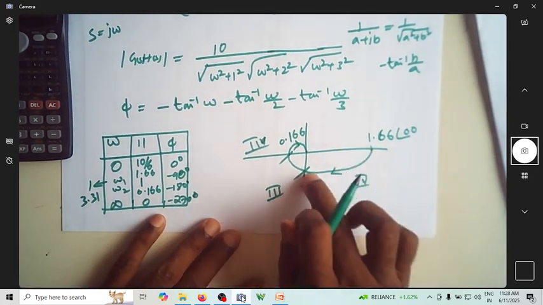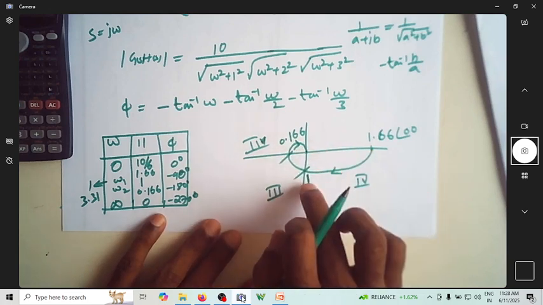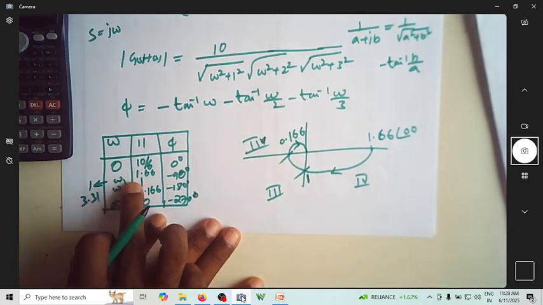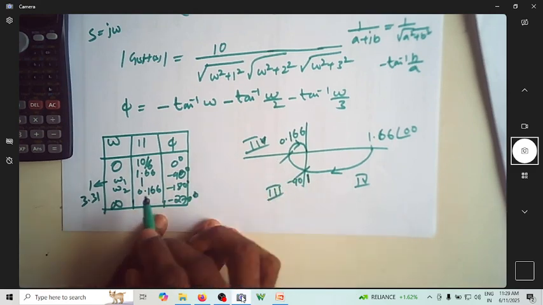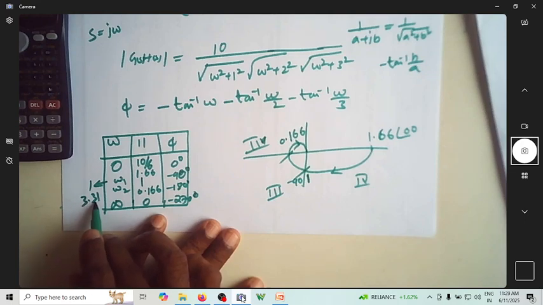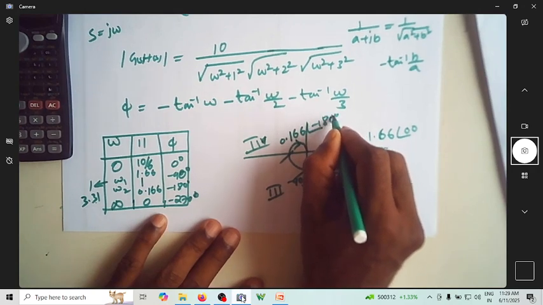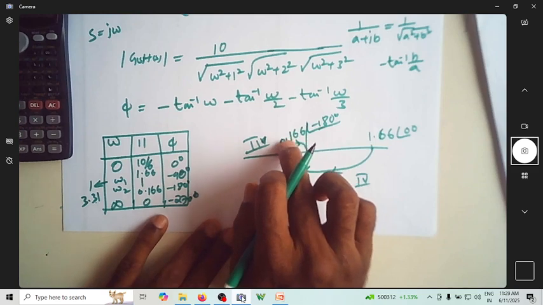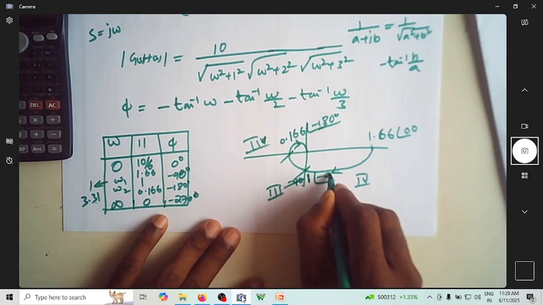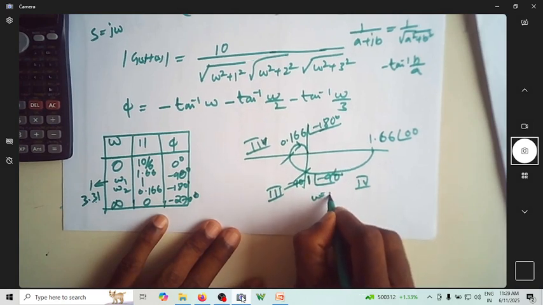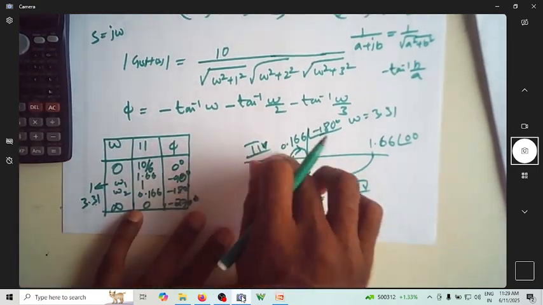These are the extra two points, and the polar plot is simply like this. At omega equal to 1 radian per second, the phase angle is minus 90 degrees and the magnitude is 1. At omega equal to 3.31, the phase is minus 180 degrees and the magnitude is 0.166.